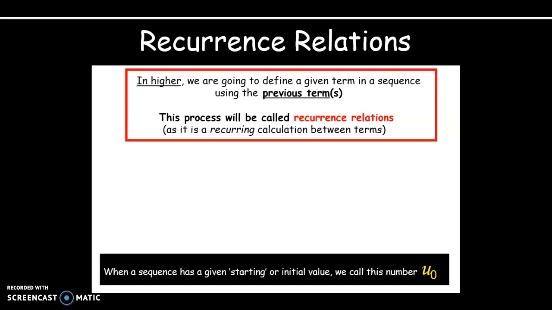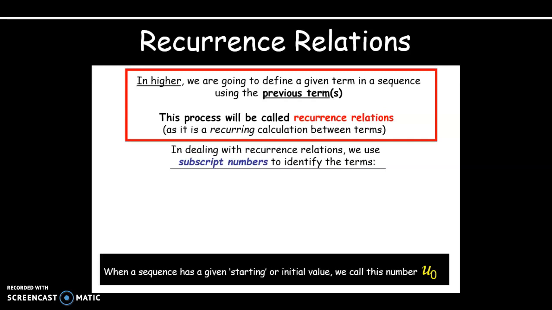Now, every sequence has a given starting or initial value, and we're going to call this value u subscript 0. And that will signify our initial value. So you'll notice that when dealing with recurrence relations, we're using these subscript numbers to identify the terms.